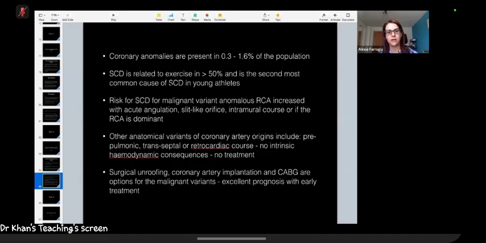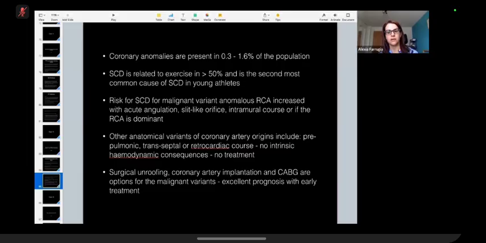The risk for sudden cardiac death depends on how the RCA actually originates from the left coronary sinus. So its angulation, its orifice, whether it's slit-like or not, whether it has an intramural course, or if it's dominant, as in this case.